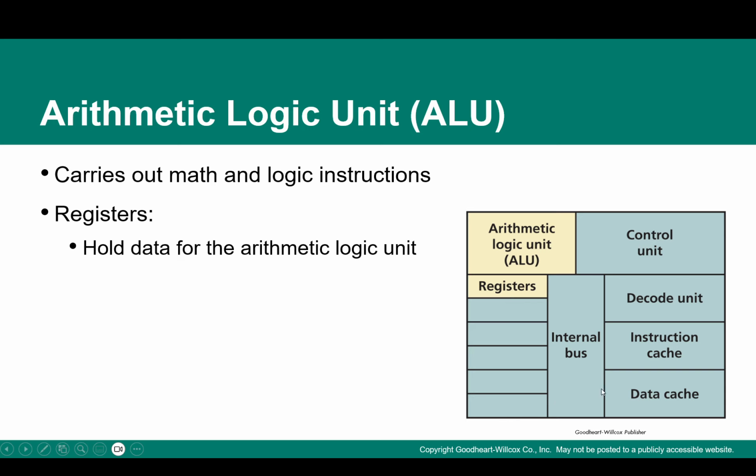It has an internal bus, an instruction cache, which holds the machine words an MPU can understand, the data cache, and the control unit. The control unit is basically for timing: when to fetch a new instruction and how to execute it. That's the job of the control unit.